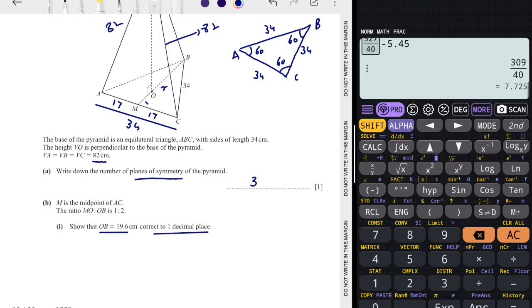So we have to show that OB is equal to 19.6 centimeters. So for this purpose, first of all we have to find out MB, and let me draw a diagram here.